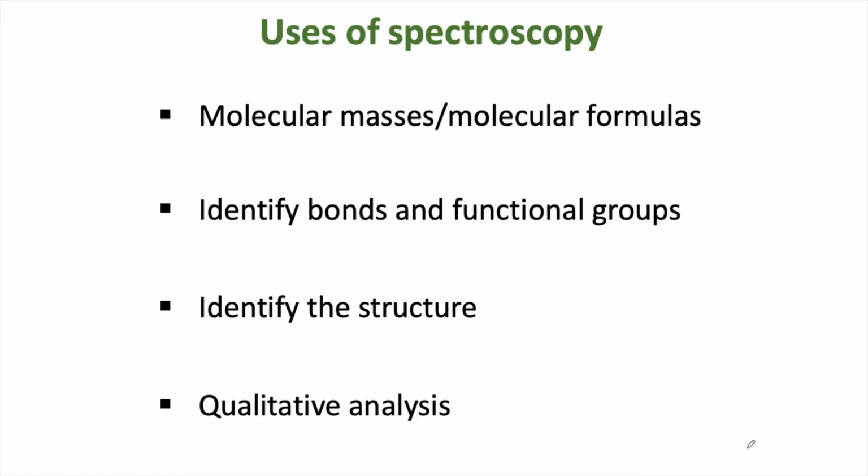For example, whether it's a carboxylic functional group, is it alcoholic, is it an aldehyde, is it a ketone? We can detect all these by using spectroscopy techniques. Thirdly, we can identify the structure of the compound present in the given sample. Fourthly, it helps us in carrying out qualitative analysis.